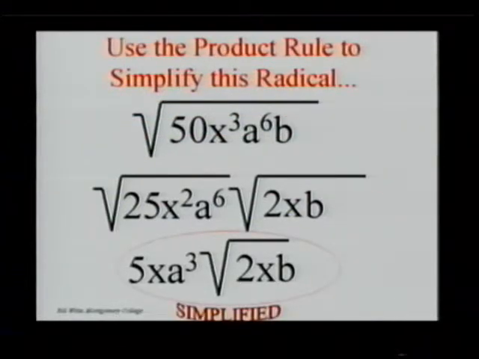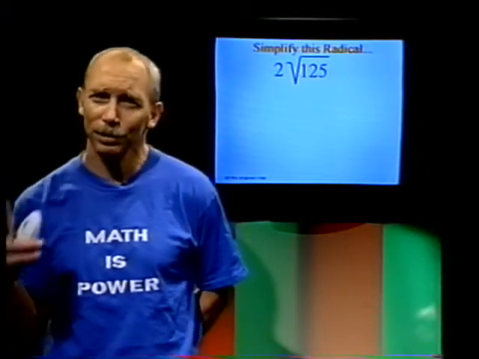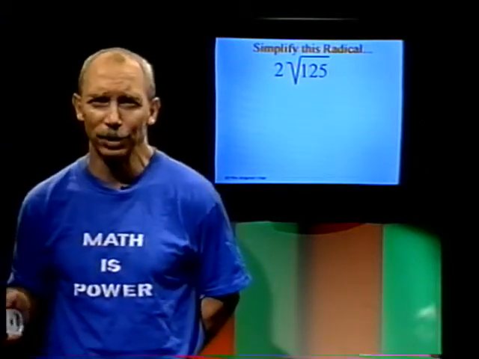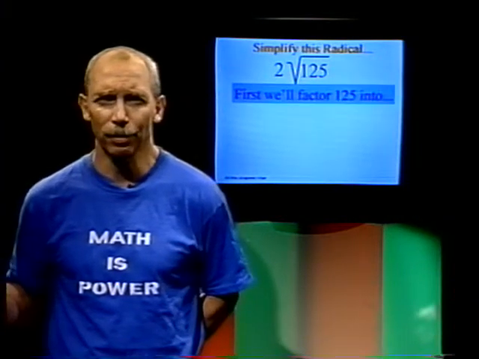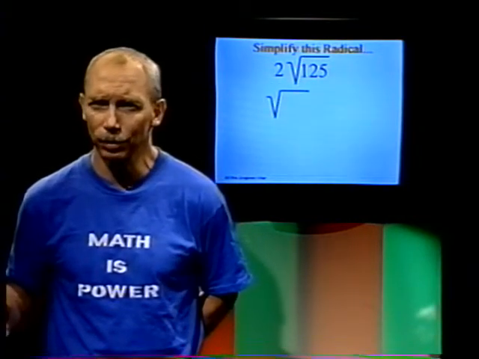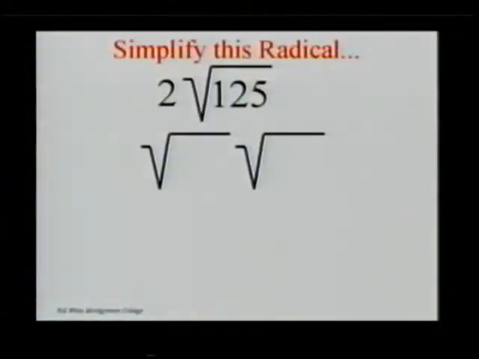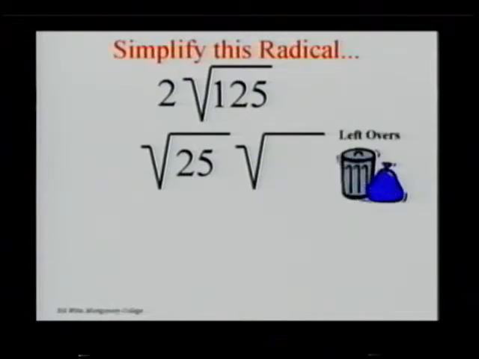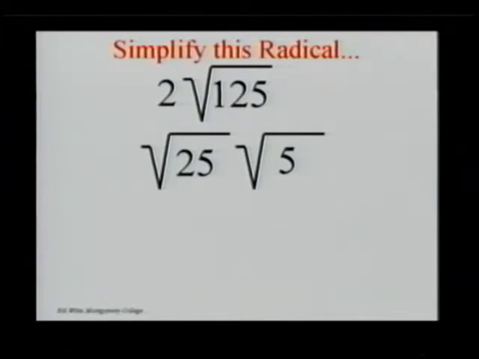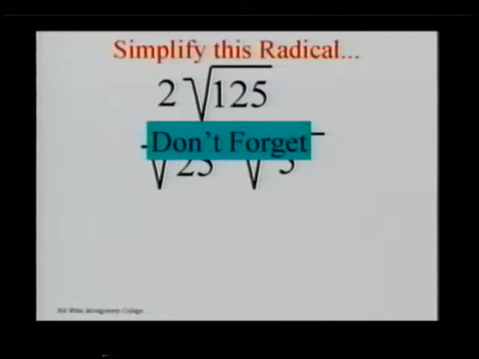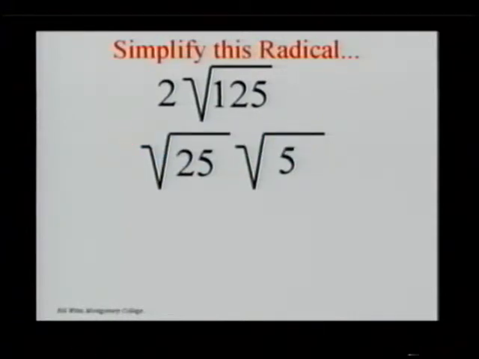Now there's a little bit of a twist in this one. We do have a number out there too. We're going to break up the radical. We're not breaking up the number. I'm breaking up square root of 125 into, forget the 2 for just a second, 25, perfect square root, and what's left over? 5. Now bring your 2 down.